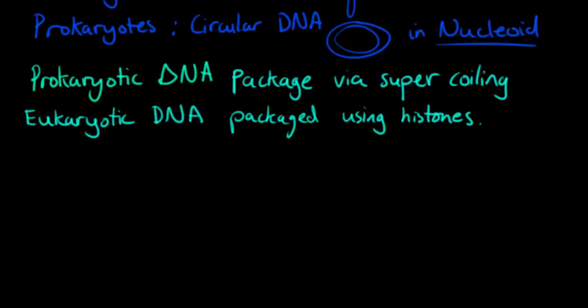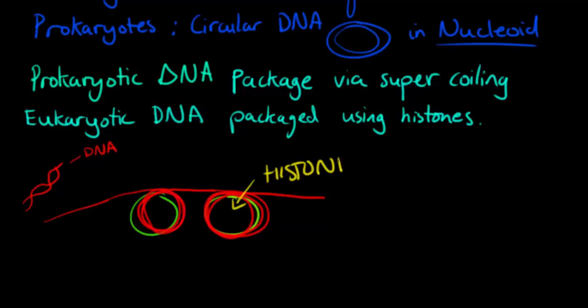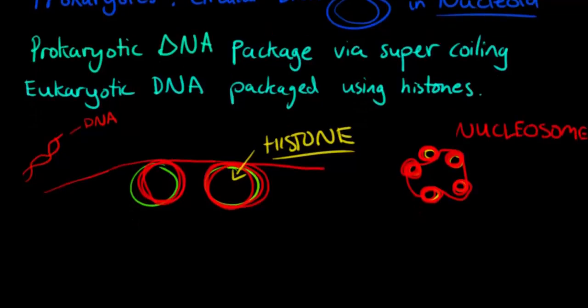Eukaryotic DNA, however, is packaged using histones. So if here's our double-stranded DNA, remember there's like 6 feet of DNA in one nucleus that has to be wrapped up and really tightly packaged, and so it's wrapped around histones, these little greeny yellow circles are the histone proteins. The DNA wraps around that, and it keeps doing so for a few histones, I'm not sure the exact number, and they form into what's called a nucleosome, and it keeps on going from there, but I won't draw it, I'll just talk you through it.